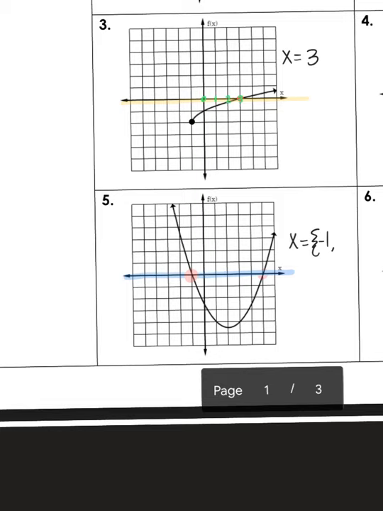And the second is over here where it's x equals, let's count. So 0, 1, 2, 3, 4, 5. x equals 5. So here has 2 solutions, 2 roots, 2 zeros.